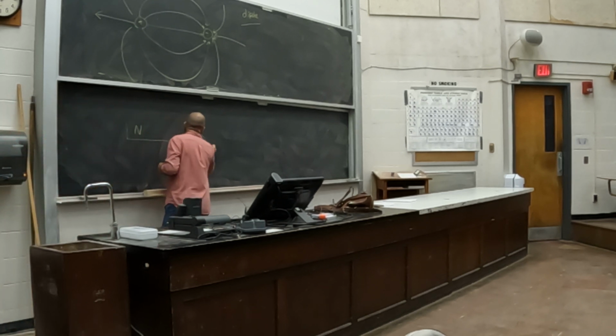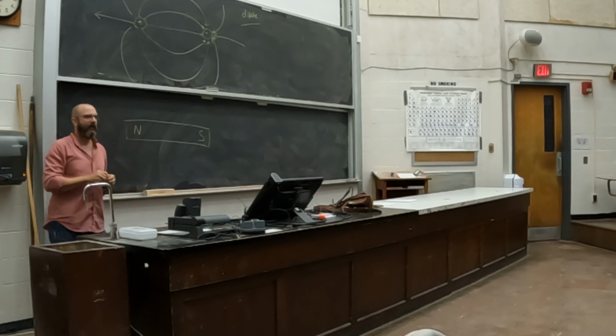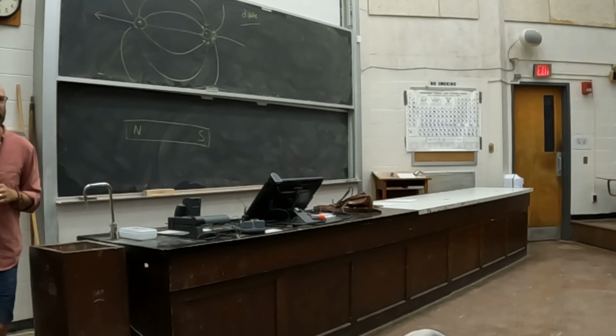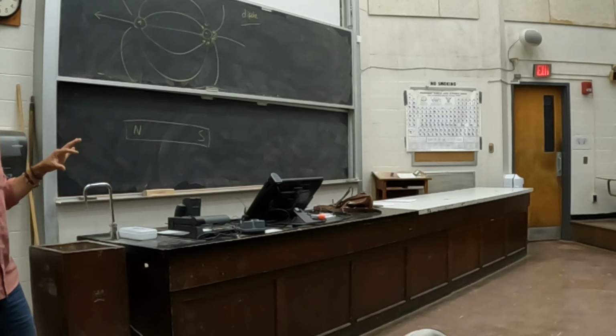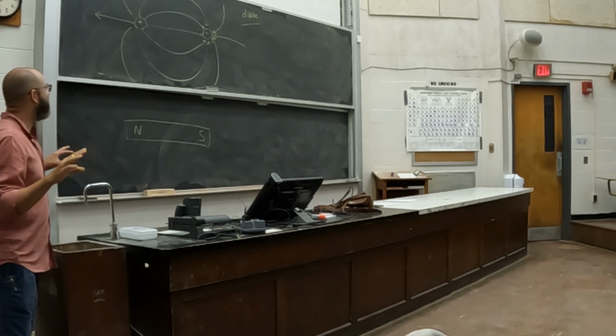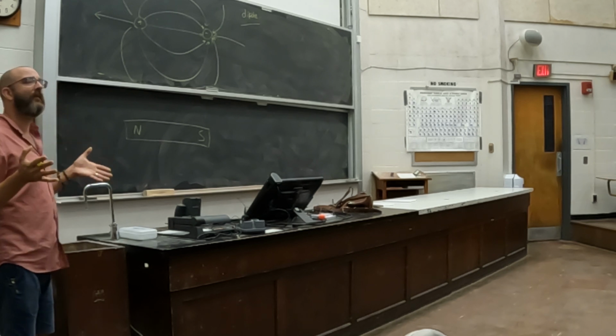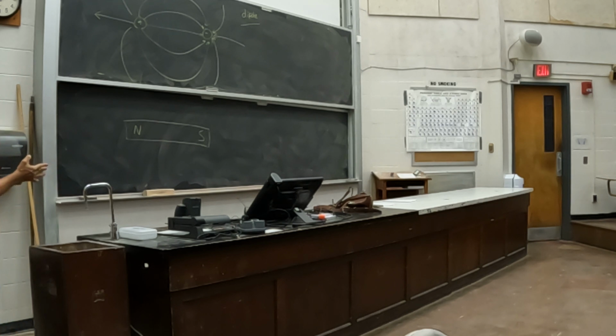And then I realized that those two things are both contained in one hunk of metal. I get, at least outside of that hunk of metal, a field, a magnetic field that behaves really similarly to the electrical dipole.